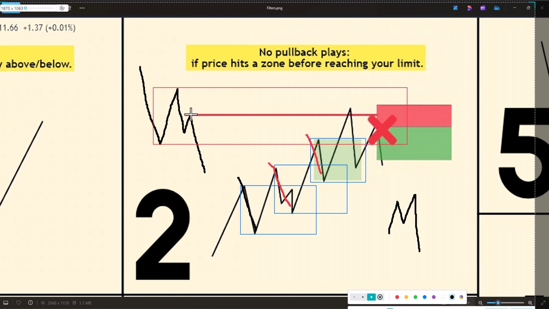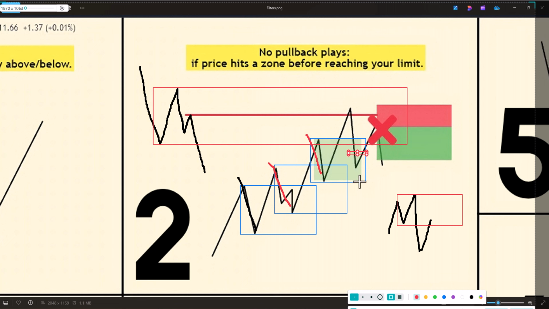So this zone, this sweep of liquidity, it fulfilled its purpose to offer the pullback into the previous zone, and you are still looking to wait for price to give you the pullback to this bearish zone to take the trade. And you didn't notice that price already fulfilled its objective here, right?